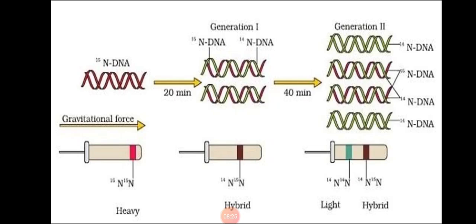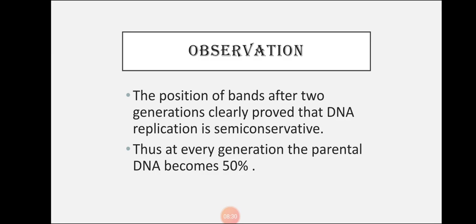We can conclude that the position of the bands after 2 generations clearly proves that DNA replication is semi-conservative. Thus, at every generation the parental DNA becomes 50%. In the next generation it reduces to 25%, then 12.5%, then 6.25%. So at every generation we get 50% less of the parent generation. Okay, thank you.